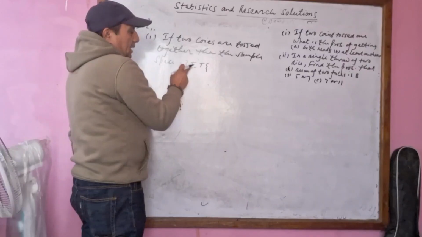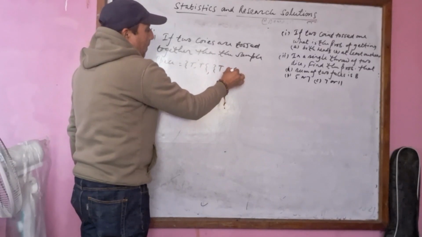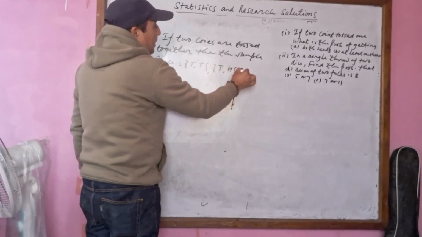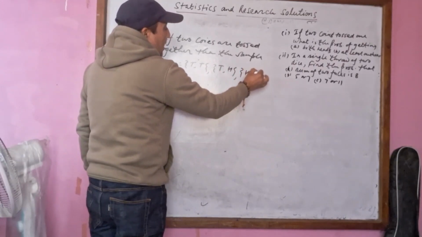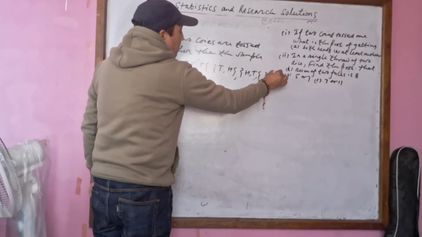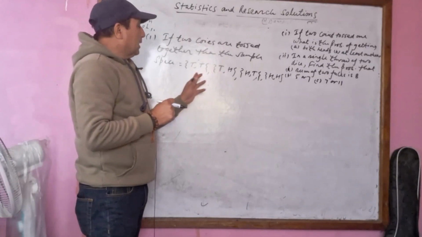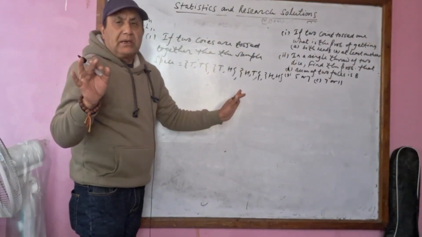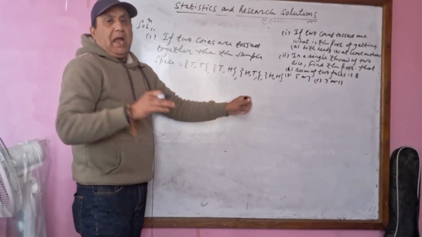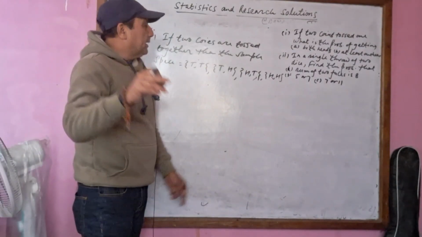In one coin tail, in another coin tail. Tail, head is another sample point. Another is head, tail. And the last one is head, head. These four sample points we will get. So this is the construction of the sample space, and this is the total number of outcomes of the experiment.